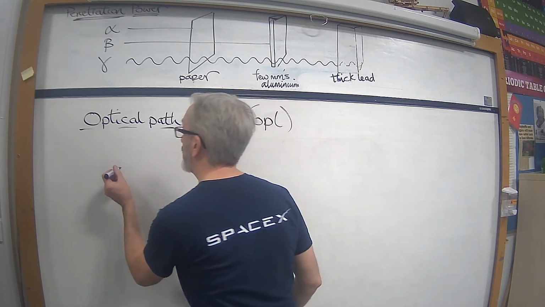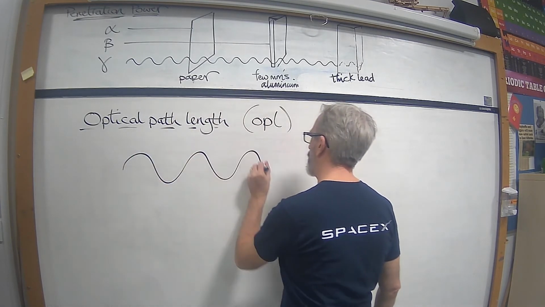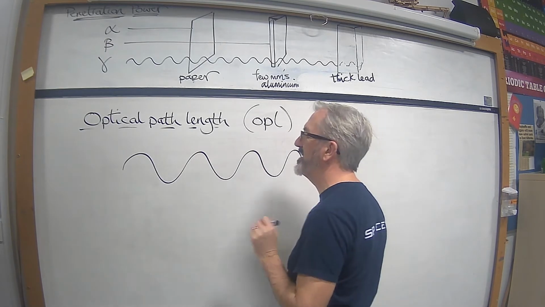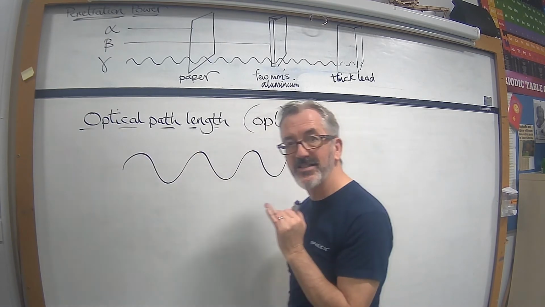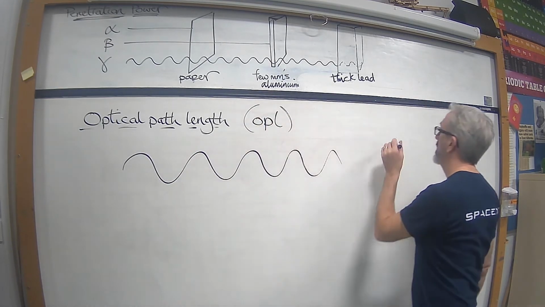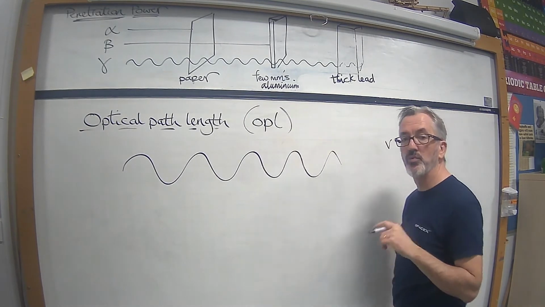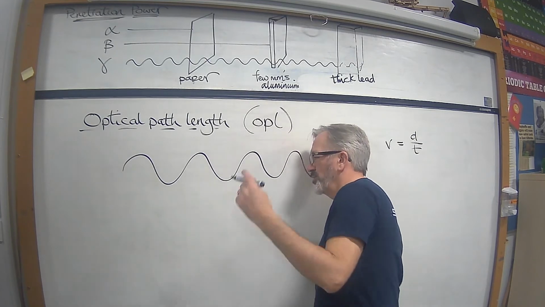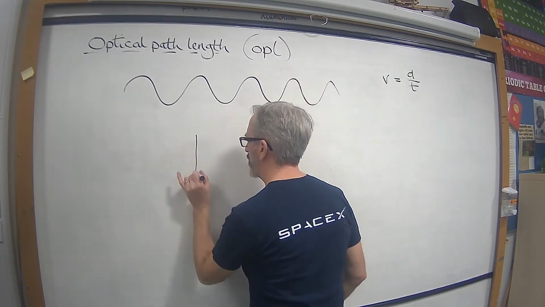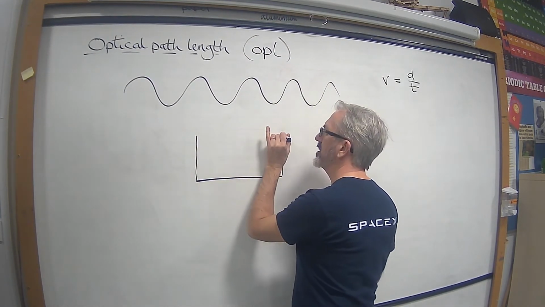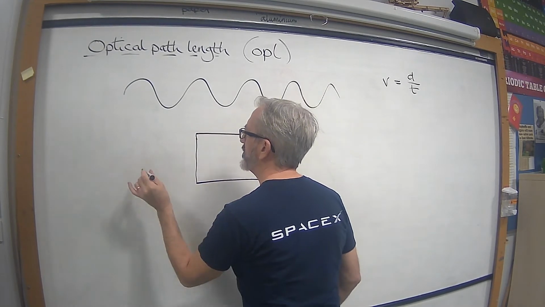Really, all we've talked about so far is that when a wave travels through space, it travels a certain distance in a certain time, and you could use speed equals distance over time to work out the speed of the wave. Now we have a problem when we talk about light passing from one substance into another.